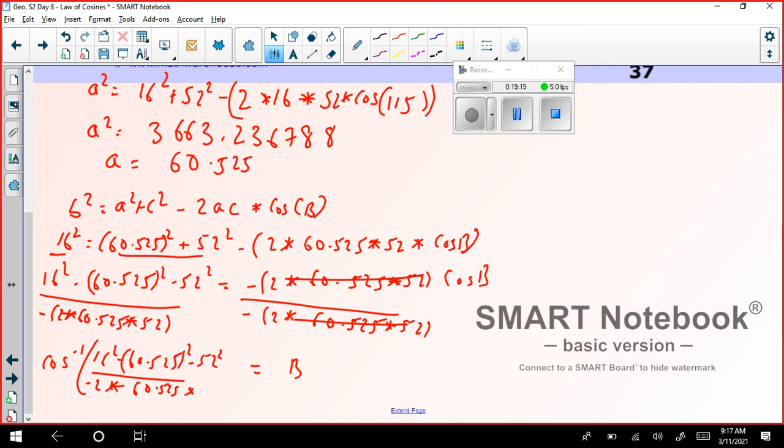Okay, this is what we need to put in the calculator directly to avoid all the decimals.